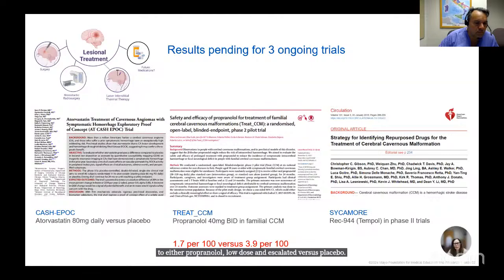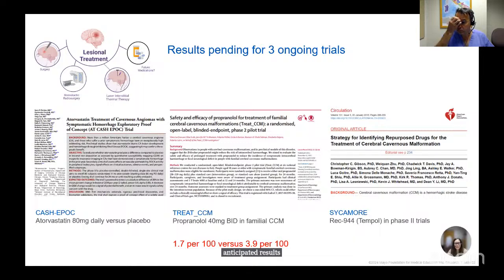And there are a lot of ongoing data going to come out of this trial. In the initial pilot, there was a slight reduction risk of hemorrhage with 2 events in each group, but a slightly lower hemorrhage risk in that therapeutic group. Finally, the Sycamore trial anticipated results sometime later this year. Tempol is an antioxidant. We'll look forward to hearing this phase 2 trial result.